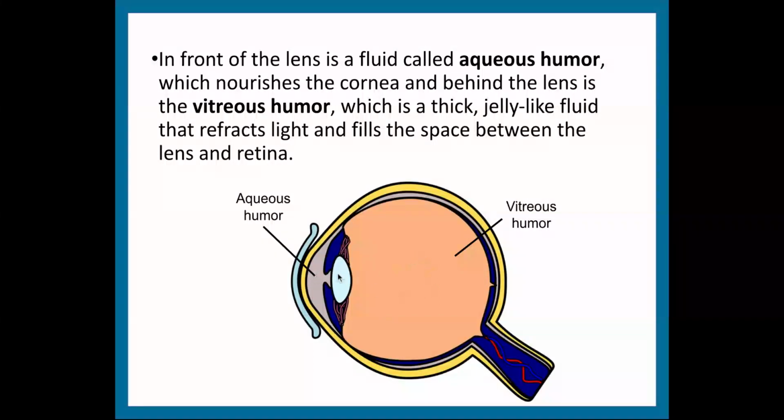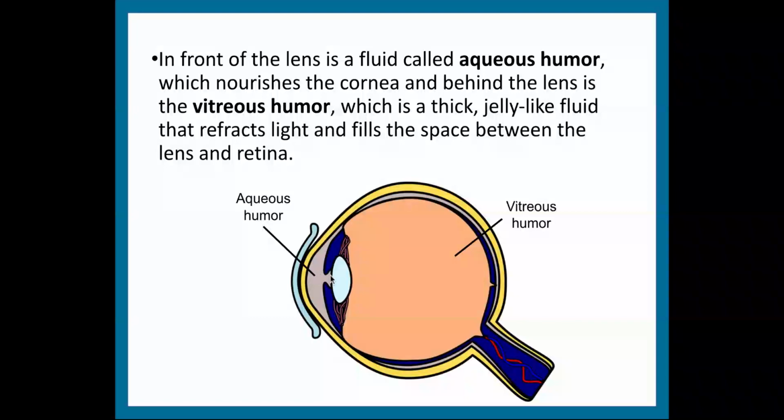Behind the lens, so here's the lens, behind it, you have the vitreous humor. So in front's the aqueous humor, behind is the vitreous humor. And this is this thick, jelly like fluid that refracts light and fills the space between the lens and the retina.